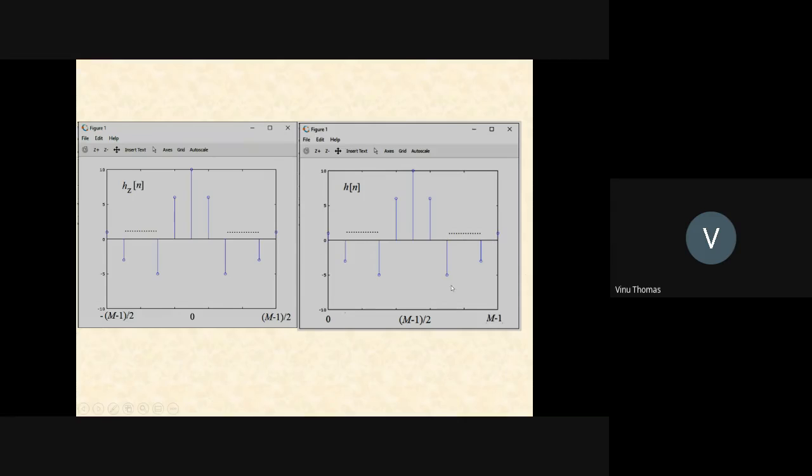This is the filter that comprises an amplitude response and a linear phase response that passes through the origin. So for this case, you will have constant group delay and constant phase delay.